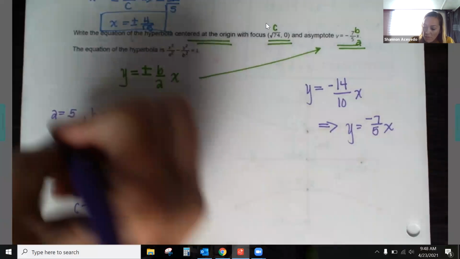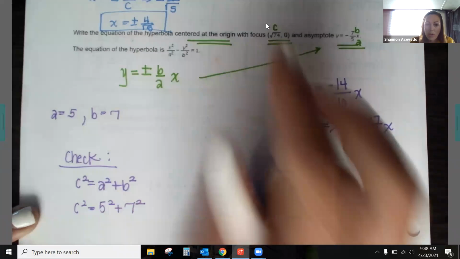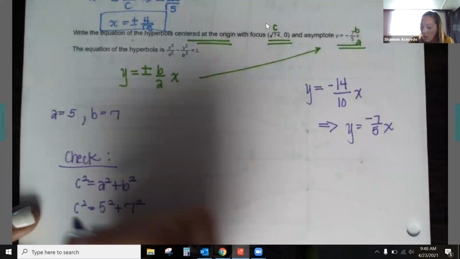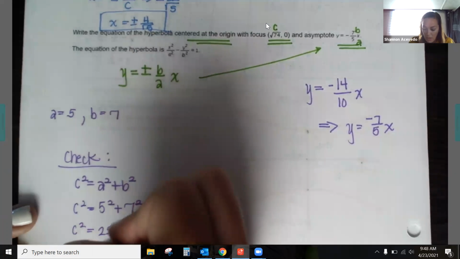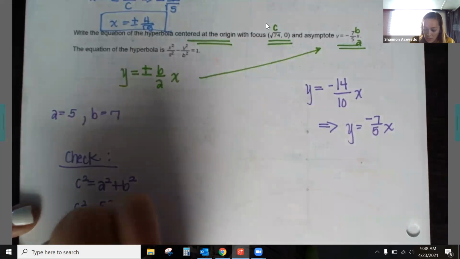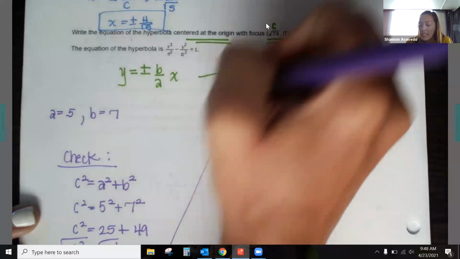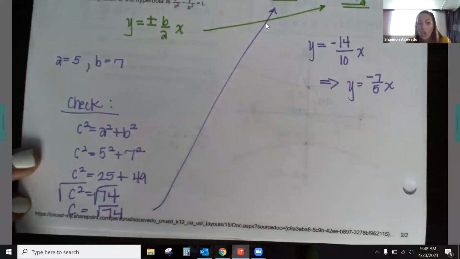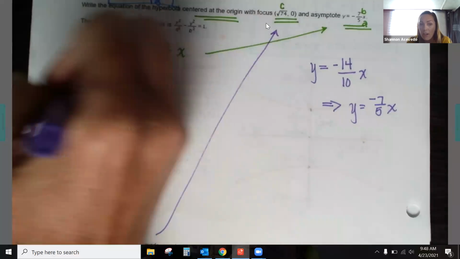Does 5 squared plus 7 squared equal my square root of 74? So in other words, c squared is going to be 25 plus 49, which is 74. If I take the square root, c is equal to the square root of 74, and that's exactly what we needed. So since this is true, these are my a and b values.